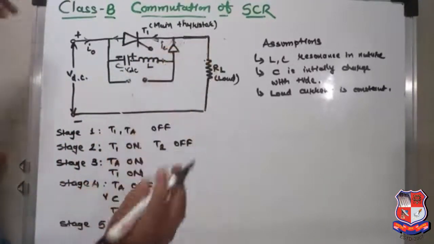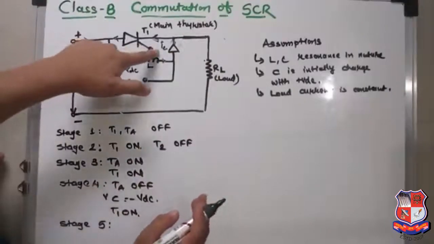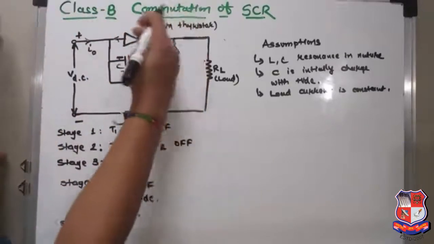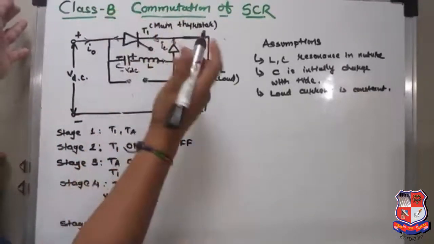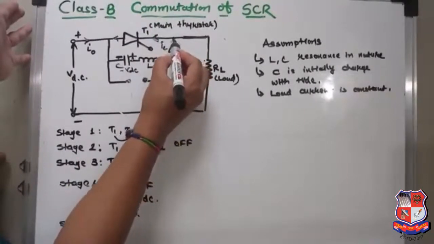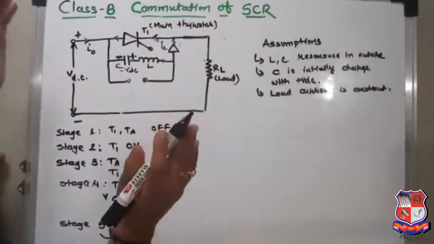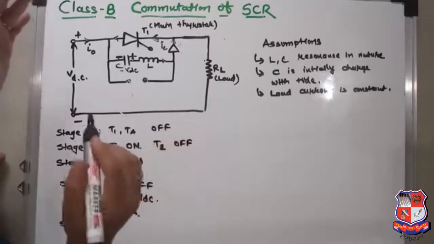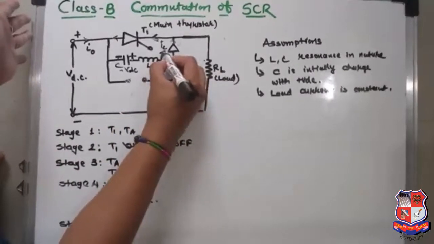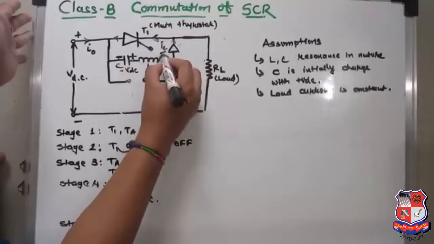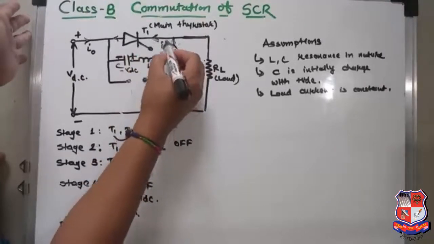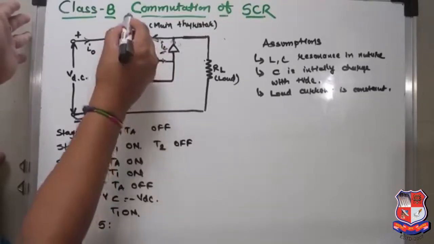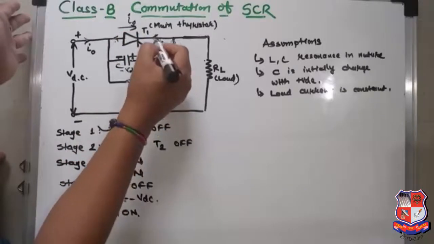Now the question is why this current supplied by the capacitor flows in the reverse direction through the thyristor T1. The only answer is that current always chooses a path where the resistance is low. That's why IC, the resonance current supplied by the capacitor, chooses this path. It will flow from cathode to anode through the thyristor T1, as I0 flows from anode to cathode and IC flows from cathode to anode.